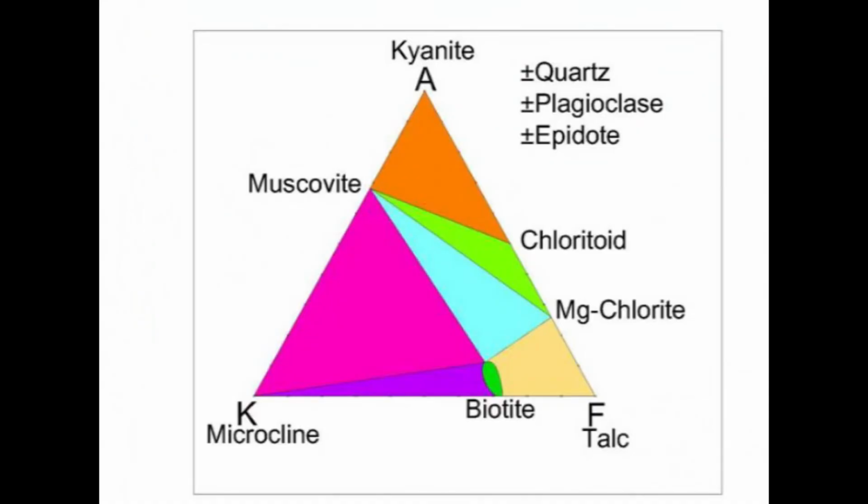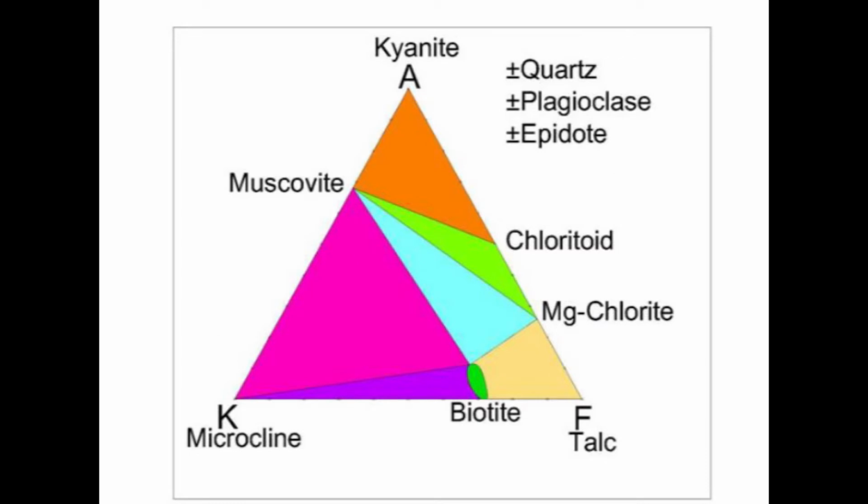Assemblage fourth, chlorite plus or minus epidote plus or minus muscovite plus or minus albite and plus or minus quartz. In short, this is also known as chlorite schist. Fifth assemblage is your chlorite plus biotite plus epidote plus muscovite plus albite plus or minus quartz, is also known as biotite chlorite schist.